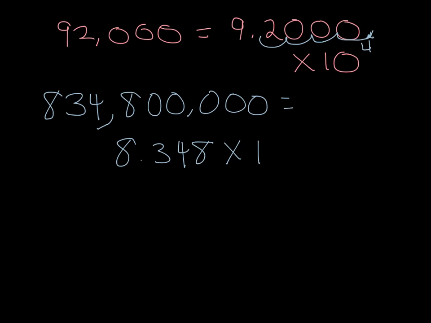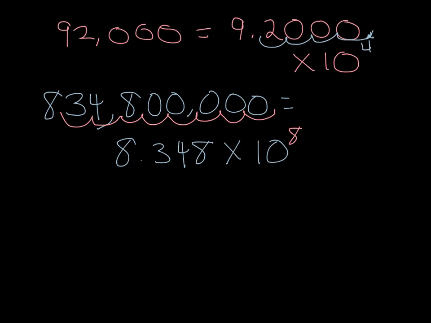And it would be times 10 to a power, and the way we figure out what that power is we simply count from where the decimal was to where we put it. So 1, 2, 3, 4, 5, 6, 7, 8. So this would be 8.348 times 10 to the 8th.